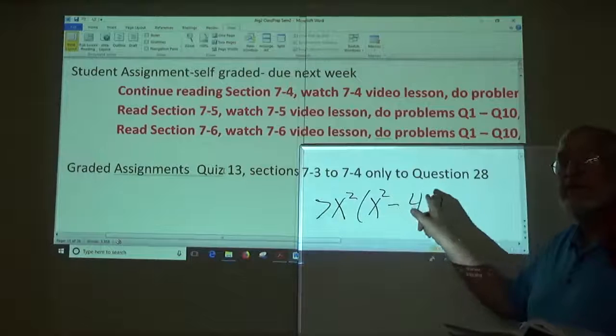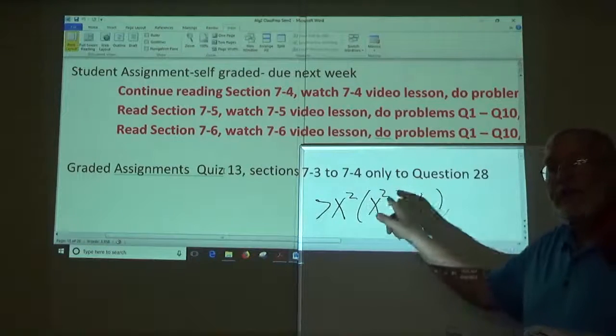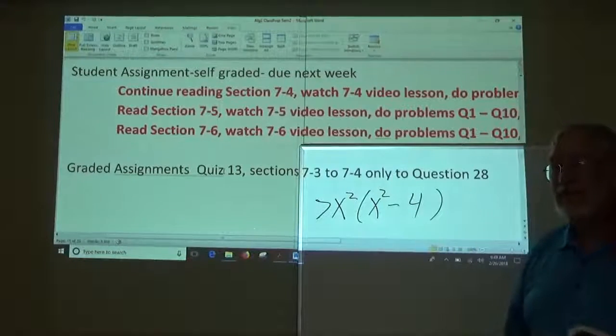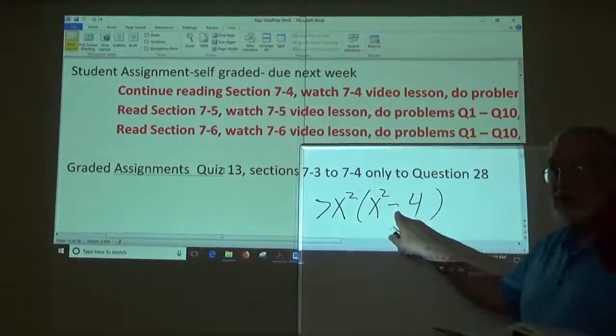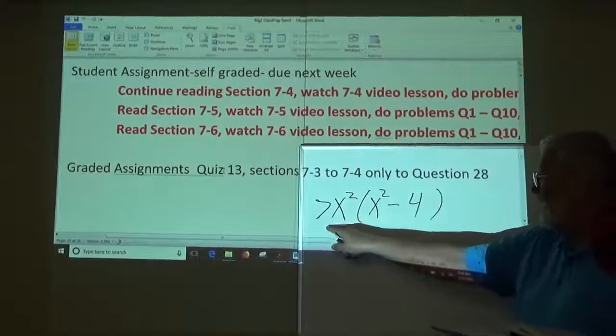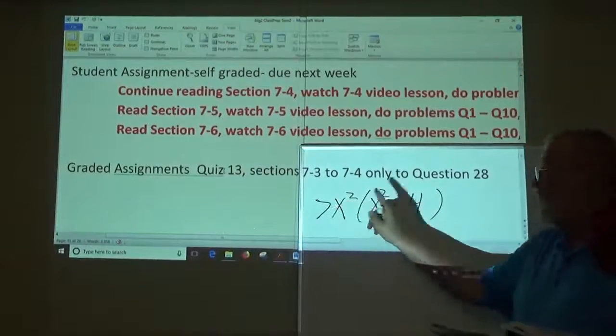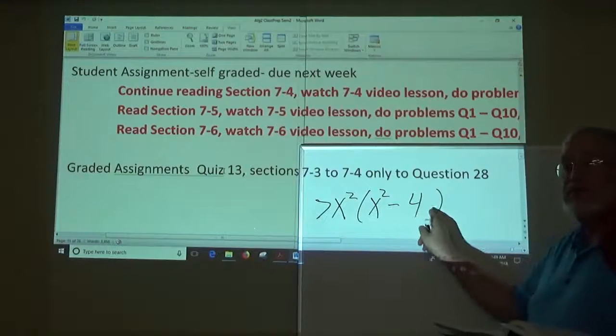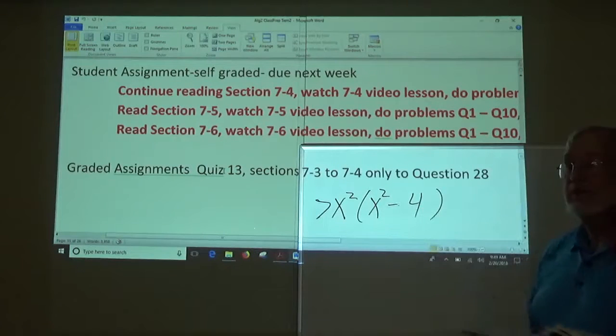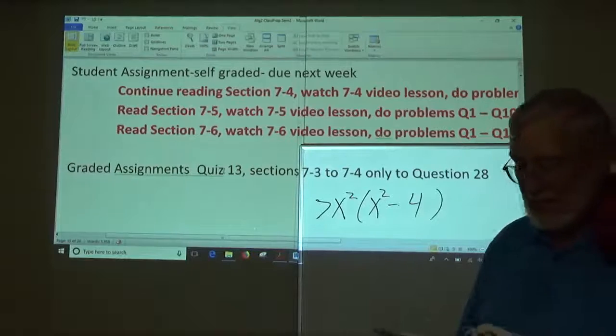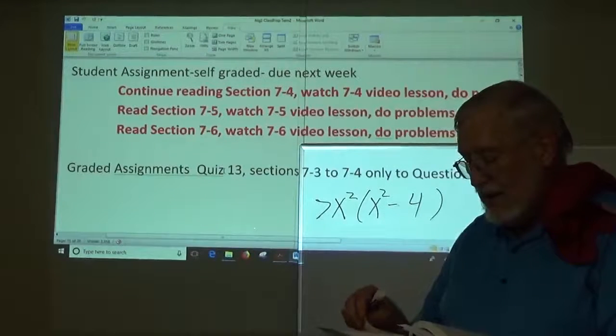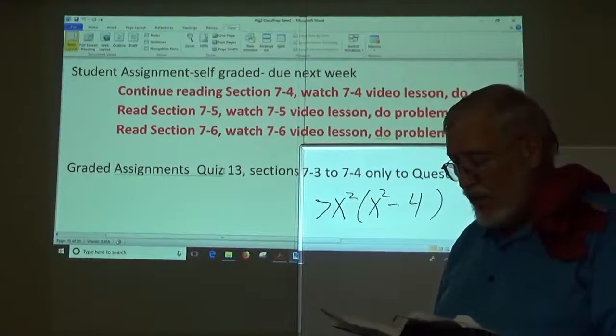X plus 2, x minus 2. That's the difference of squares here. So you're going to have 7x squared times x plus 2, x minus 2. Okay? All right. Look at 54.